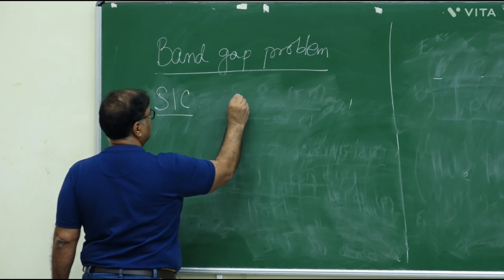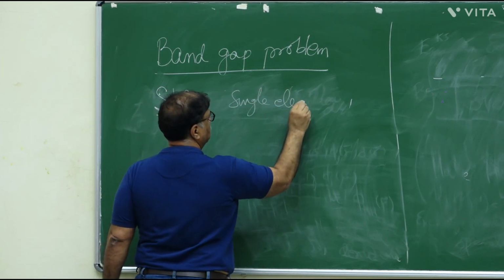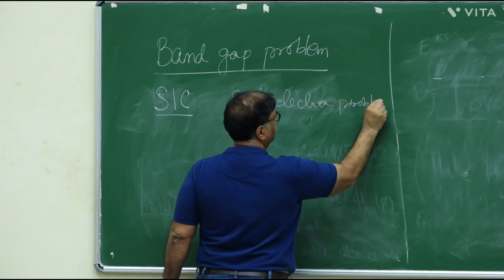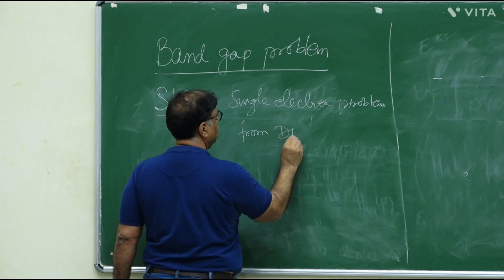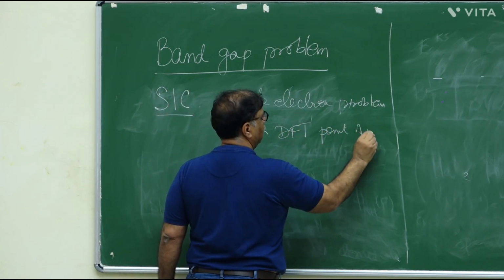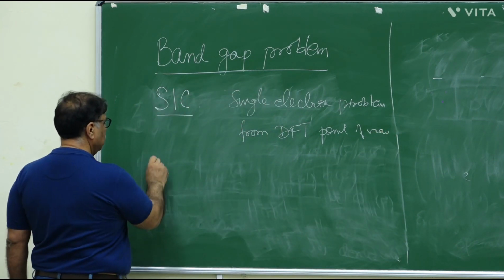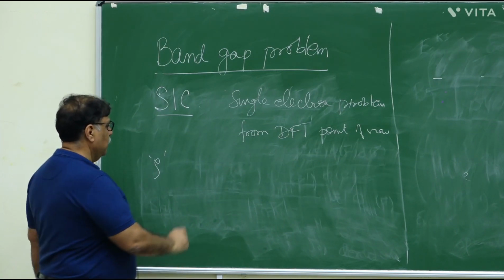If you look at a single electron problem from the DFT point of view, everything is in the density.